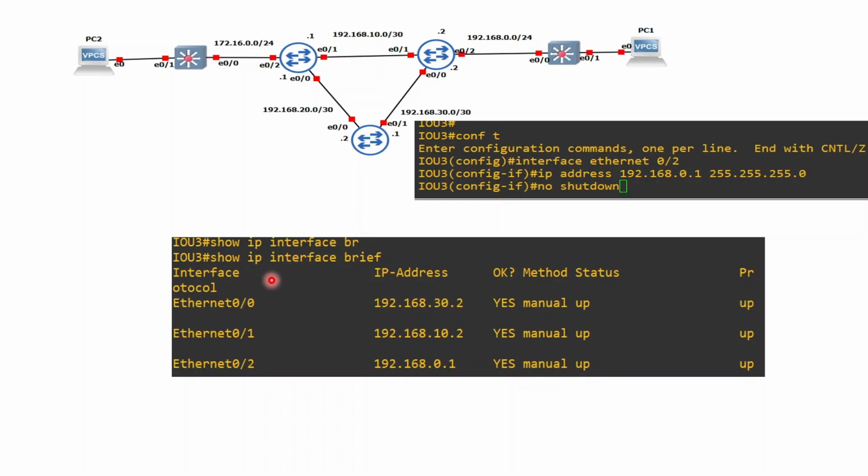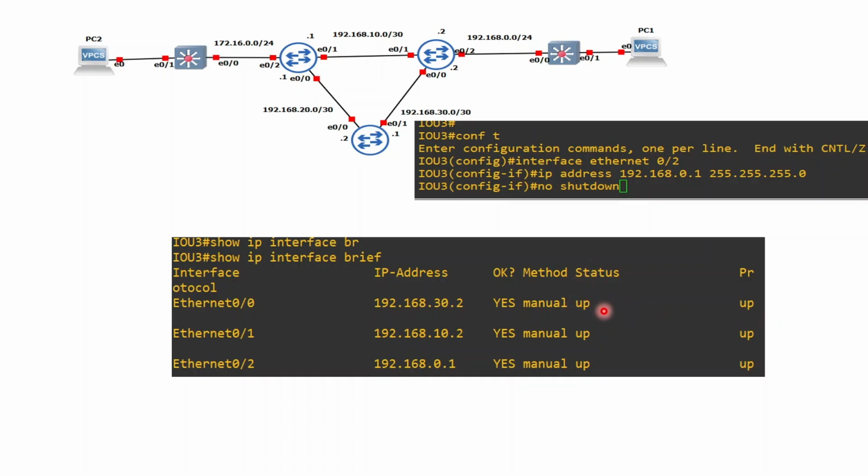This command is going to show you my interfaces, such as Ethernet 0/0. It was assigned the IP address 192.168.30.2. And the method that was used to assign the IP address to this interface was manual configuration. So I did it manually, as you can see here. I was writing in the command line interface. Then the status and the protocol are both up.